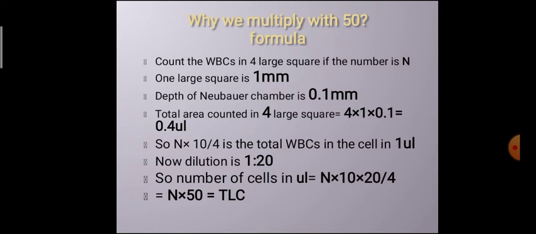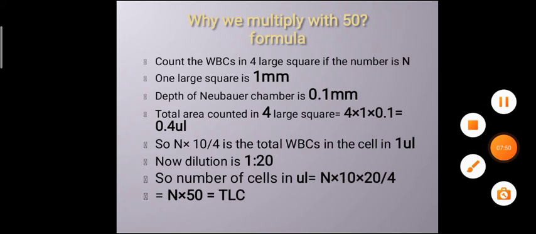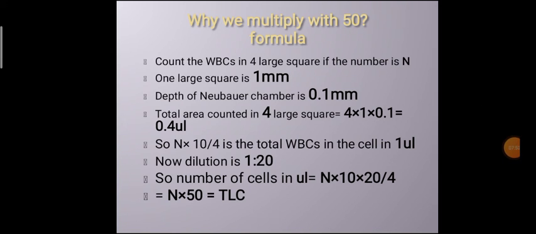Now the dilution is 1:20. Simply, we take 380 microliter reagent and 20 microliter blood. After taking these, a 1:20 dilution is prepared. 20 multiplied by 19 is 380. It means one part is blood and 19 parts are reagent. So the number of cells in microliter is equal to n multiplied by 10 multiplied by 20 divided by 4.